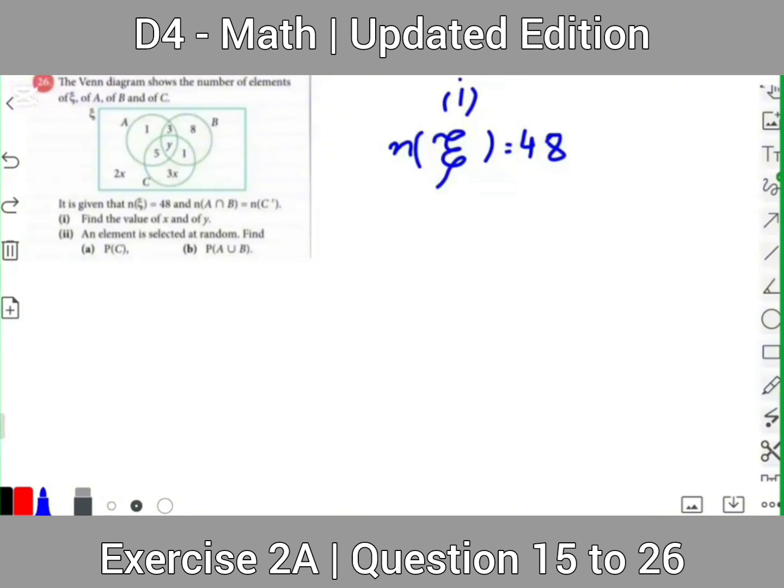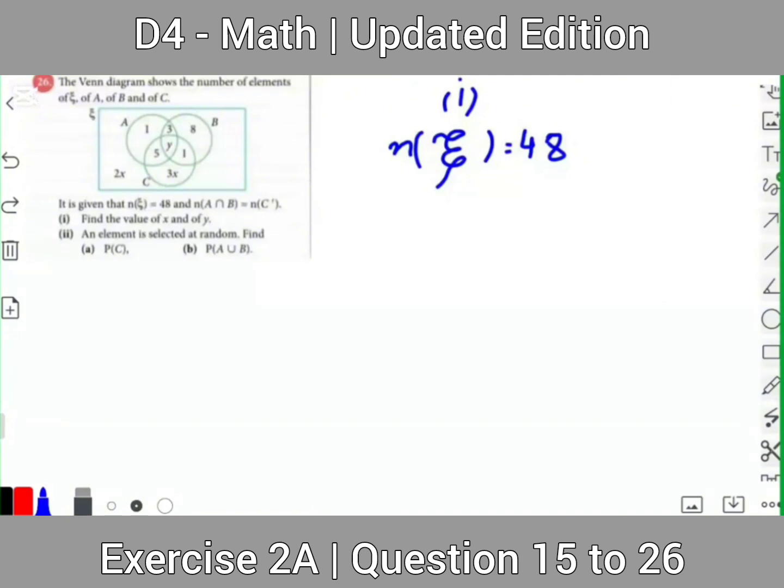So for this, we will add up all the information that we can see in the Venn diagram and put it equal to 48.